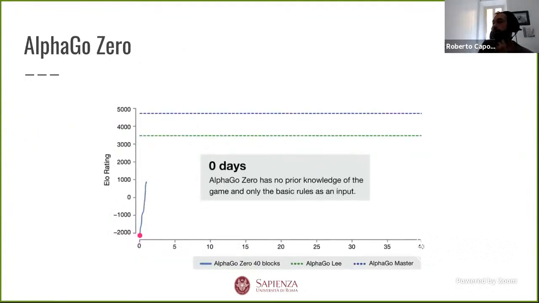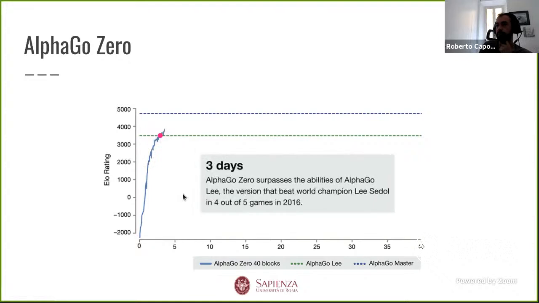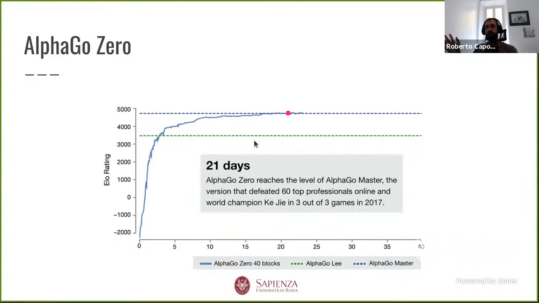Now, from AlphaGo, actually, there are several versions of AlphaGo. One is the AlphaGo Lee, which is the one that beat Lee Sedol, which is exactly the one in the green line.